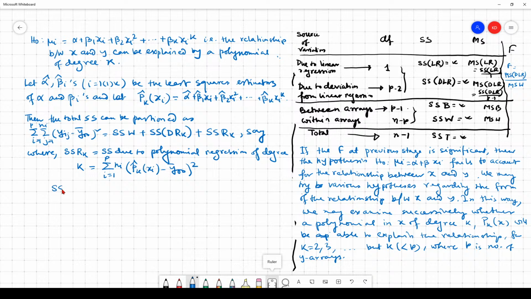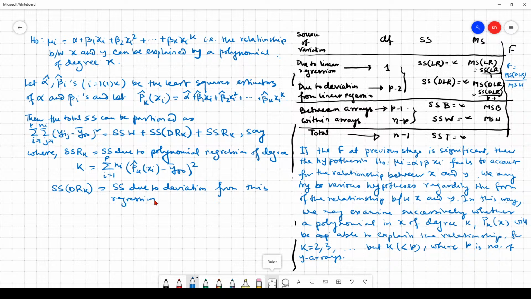This is DRK, departure from k degree polynomial regression, that is, this is due to deviation from this regression.